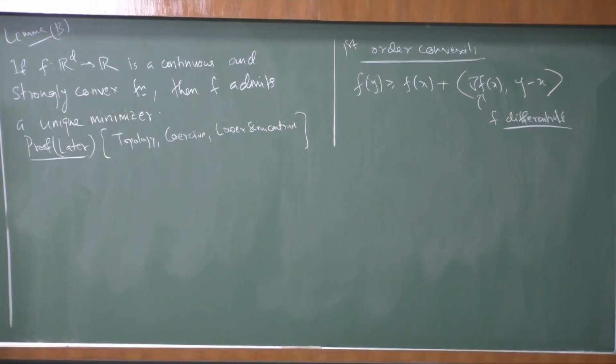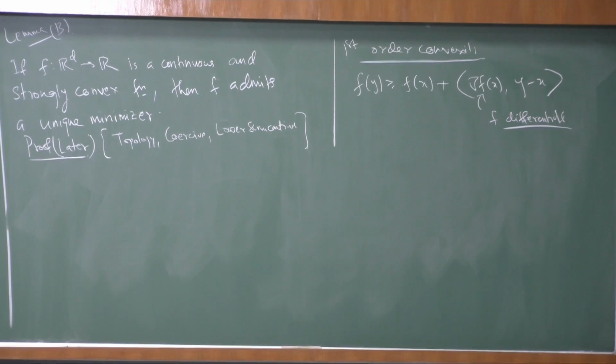So we leave this proof for the moment, and we take it as a fact that this admits a unique minimizer.